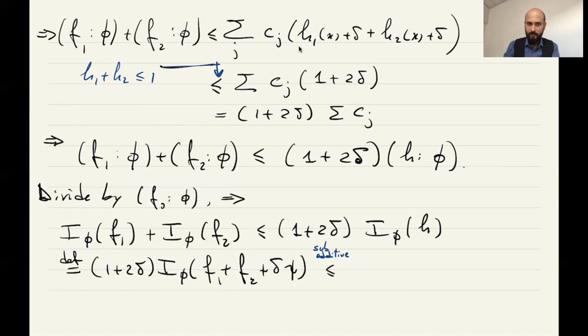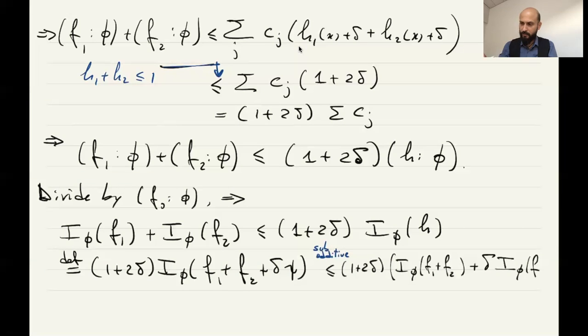And we get 1 plus 2 delta times I_phi of (f1 plus f2) plus delta. Also constants get out, as we showed last time, not for f, but for h. Not h, psi. Good.